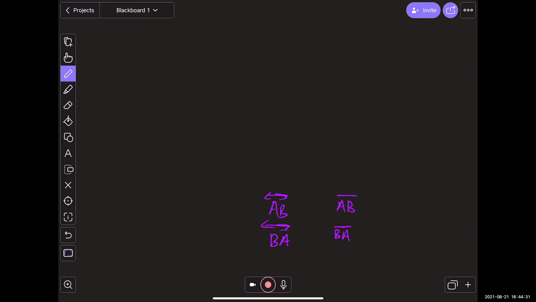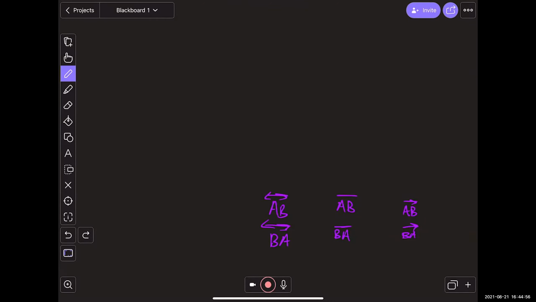But Serena, what about for ray AB and ray BA? Is there a difference here? Yes. So what is the difference between rays AB and BA? One arrow goes one direction, the other goes the other.